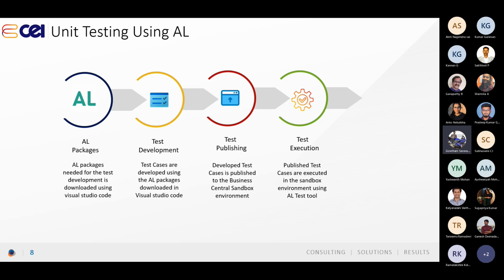We can write a test codeunit and it can be specified as a test codeunit. A codeunit is like a block of code, so it can be either development code or testing code. We have to segregate it and specify it as test code by giving the subtype Test. I will explain everything in the practical walkthrough. I'm just giving information here.